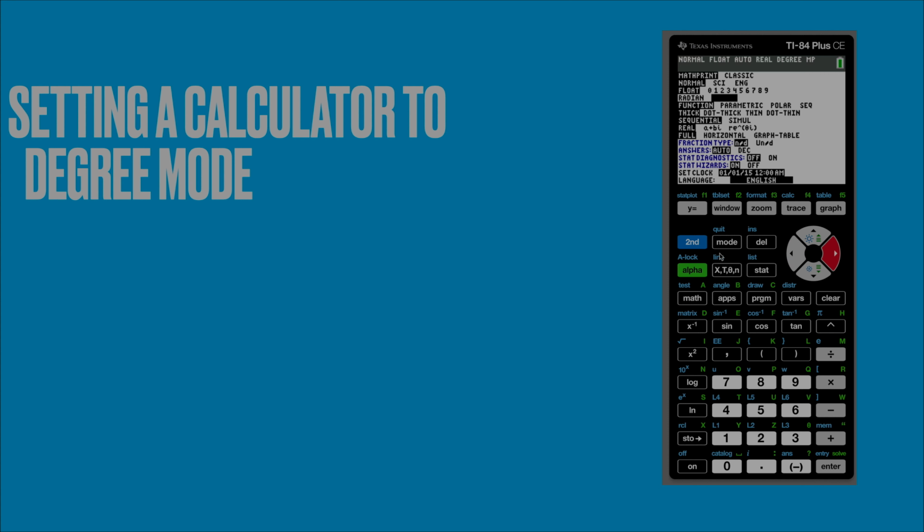You want it to be in degree, not radian. If you ever have to reset your calculator, you will have to redo this. So please be careful and be on the lookout for that. But you want it to be in degree mode. Clear. I can double check by just writing sine of 26. 23 will work too. And see, I'm positive.